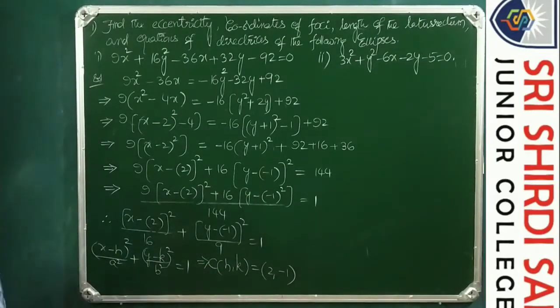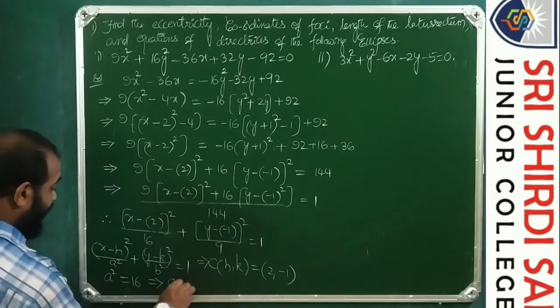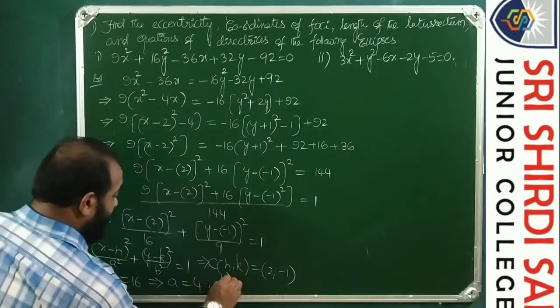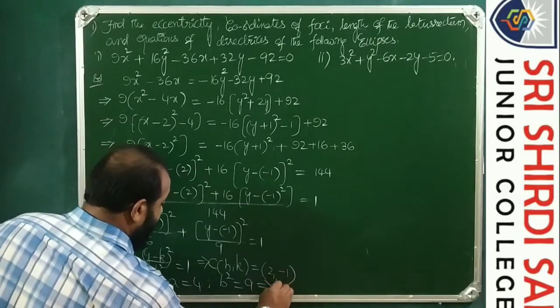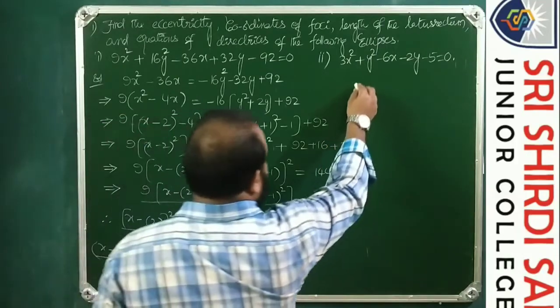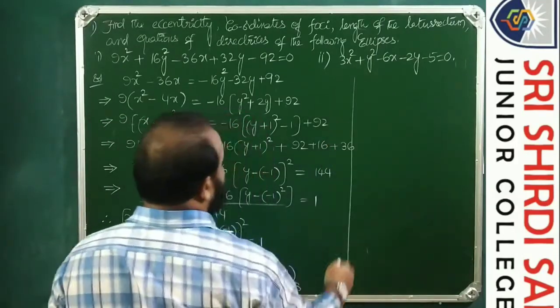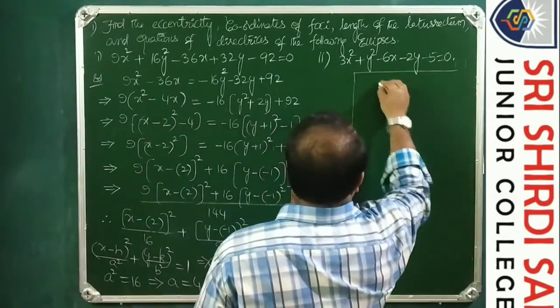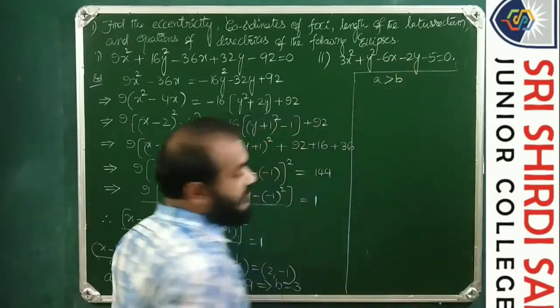Now here, a² equals 16, from this a equals 4. b² equals 9, from this b equals 3. So therefore here a is greater than b.